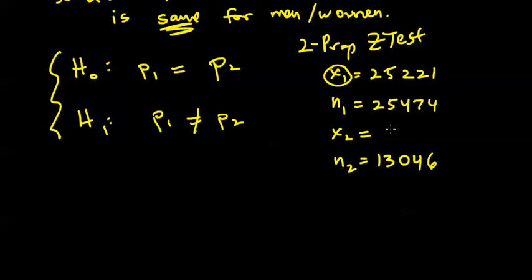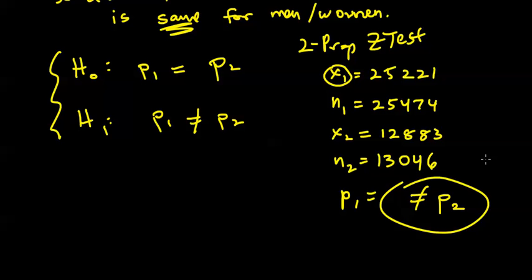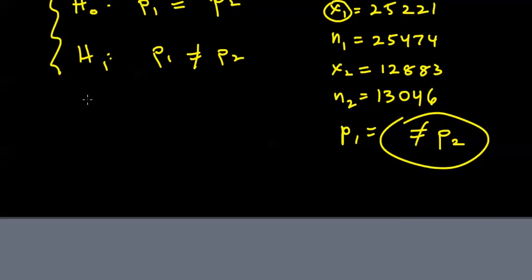Be sure to enter it in the right row. And out of that 13,046, we had 12,883 women finishers. Alright, we now want to select the not equal to P sub 2 option here for our type of hypothesis test. And if we then hit calculate, we get a p-value in this hypothesis test of 0.0213.